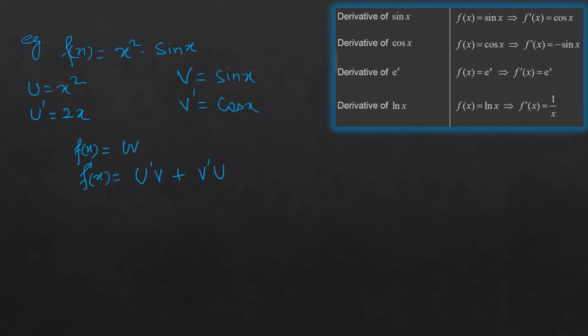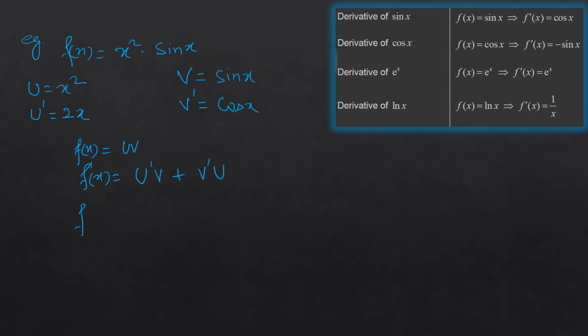It's easy to remember: write the derivative of the first function, multiply it by the second function, then add the derivative of the second function multiplied by the first function. I really guide my students to do it like this. When you have written them separately as u and v, it becomes very easy in the exam, and the chances of making any mistake are very low.